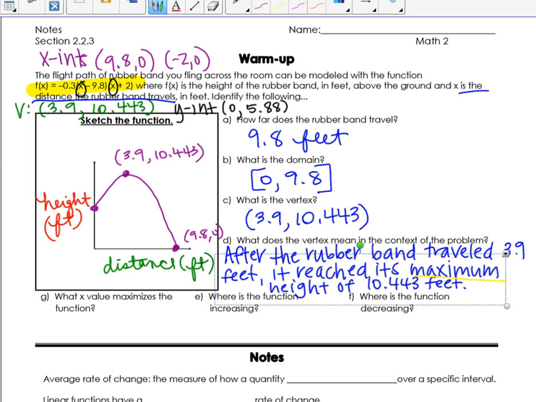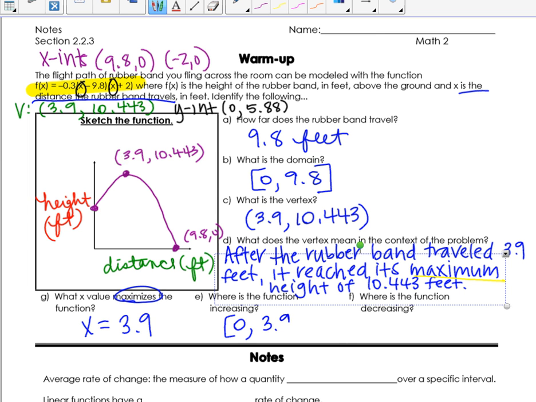Okay. All right, what x value maximizes the function? When you think maximum, you think vertex, so the x-coordinate of the vertex is 3.9. Where is it increasing? Okay, so obviously this is linked to your domain. You're not going to say negative infinity because this is a contextual problem. This starts increasing from the x value of 0. Remember, for increasing and decreasing, you are focusing on x values only, until it hits 3.9.